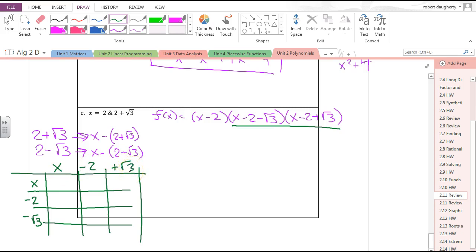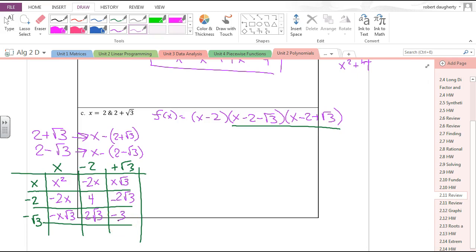So x times x is x squared, x times negative 2, x times root 3. Move to the second one. I get minus 2x, 4, and minus 2 root 3. Go to the next row, I get minus x root 3, and 2 root 3, and then I get minus 3 when I multiply negative root 3 times root 3.